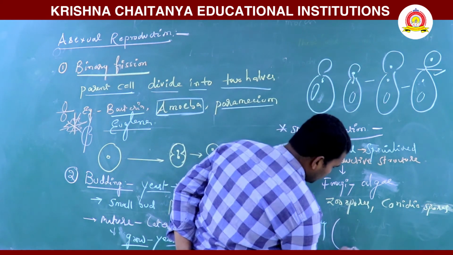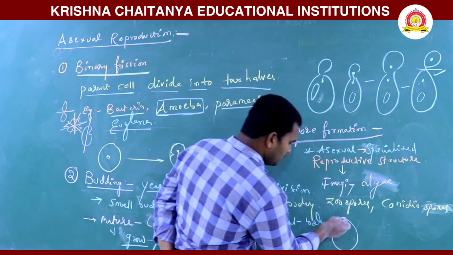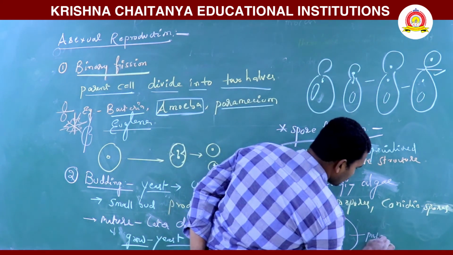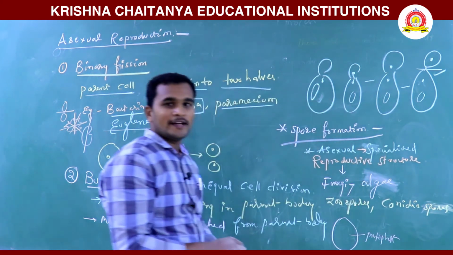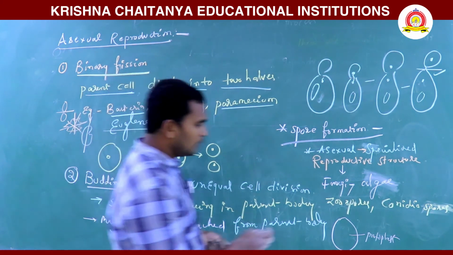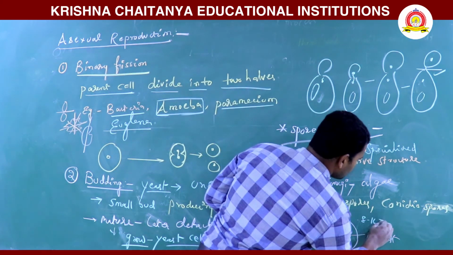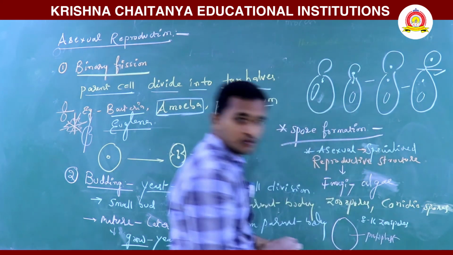For example, take Chlamydomonas. Inside, the protoplast is divided, producing 8 to 16 zoospores. When the cell bursts, they are released. These are pyramid shaped cells, and there are 8 to 16 zoospores.